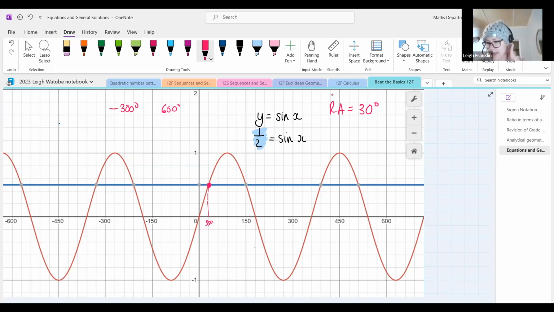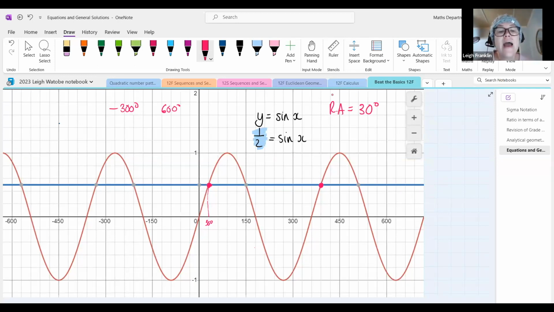When you say that k is equal to 1, the cycle is repeating itself 360 degrees. So in other words, you found the solution over here at 30. Then when the pattern repeats itself 360 degrees, where is the next one? It's going to be over there.